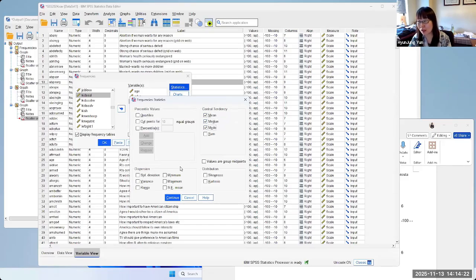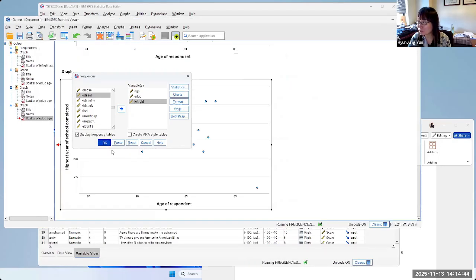Since we have a mean value and we have a smallest and largest value, you can check all these variability values, okay? On SPSS, it is listed under dispersion. Intuitively that makes sense, right? Then let's say continue and okay.